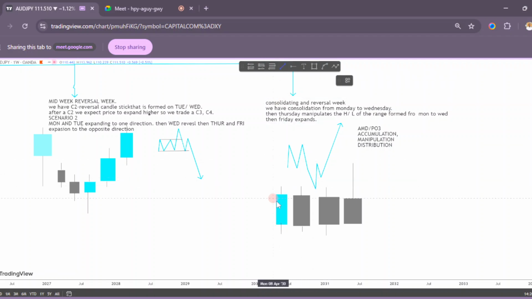So you can see here we have manipulated these highs, and that is what we call a liquidity sweep.